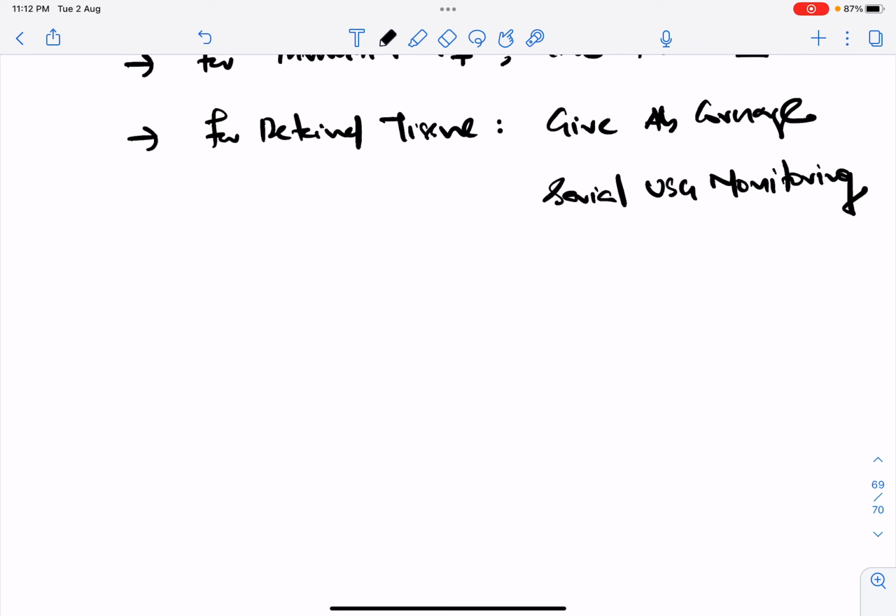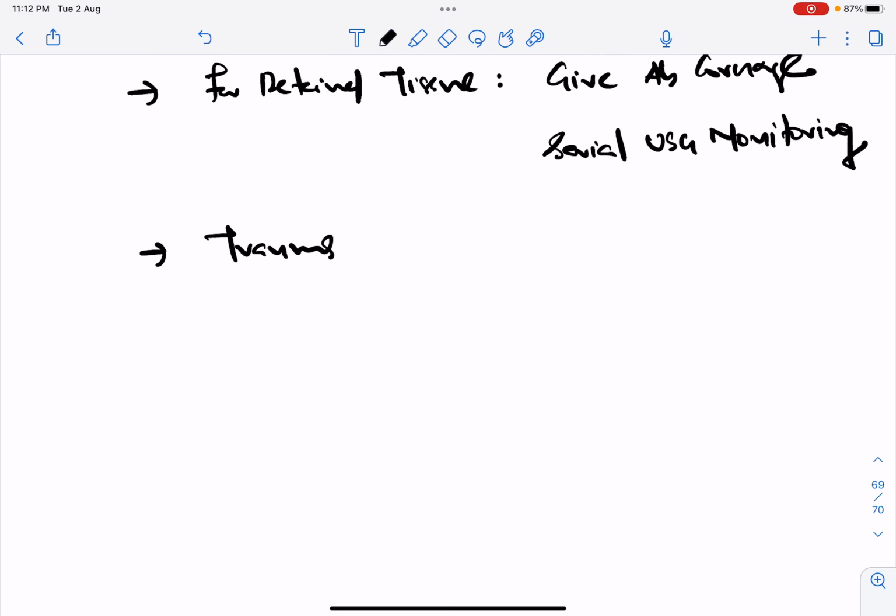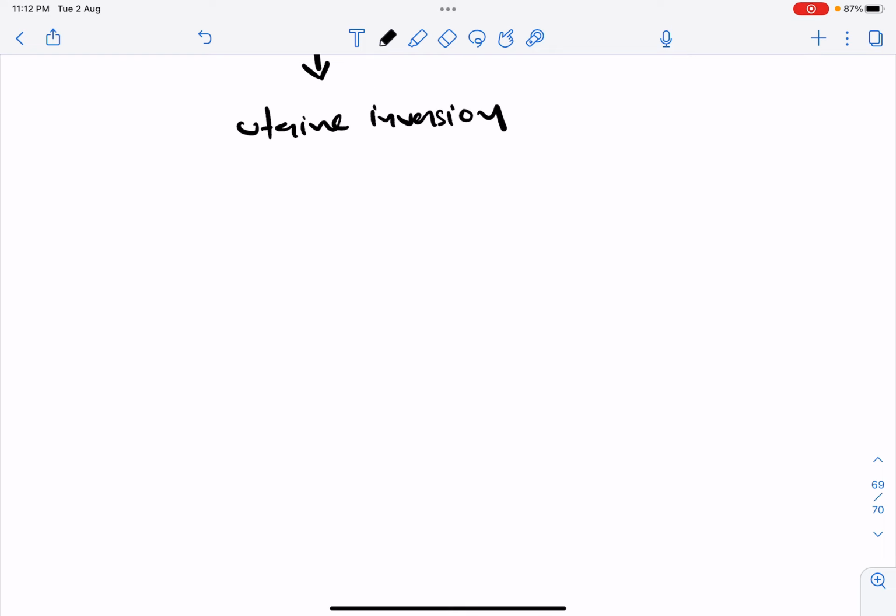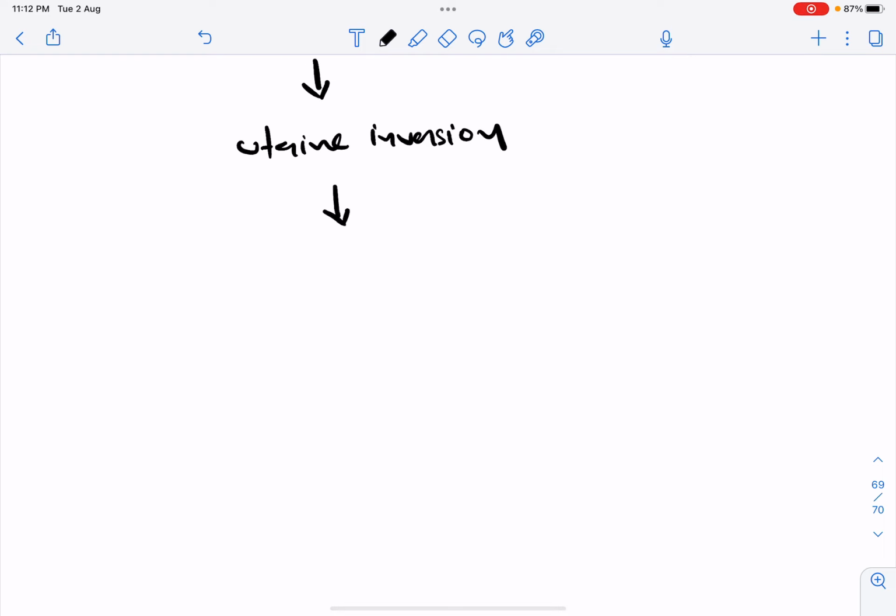In case of trauma to the uterus, there is a chance for uterine inversion. Trauma can cause uterine inversion, and the uterine inversion can further lead to neurogenic or vasovagal shock.